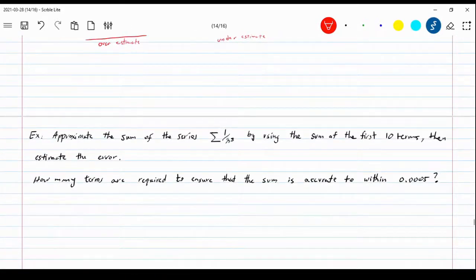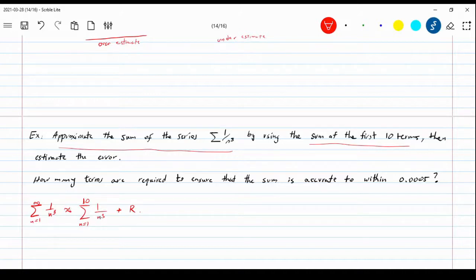Here's just an example. Let's say we approximate the sum of the series 1 over n cubed by using the sum of the first 10 terms. Then find the estimate of the error. If you add up the first 10 terms of that series, 1 over n cubed, n from 1 to infinity, this is almost the same as the summation of 1 over n cubed, n from 1 to 10, plus some remainder.